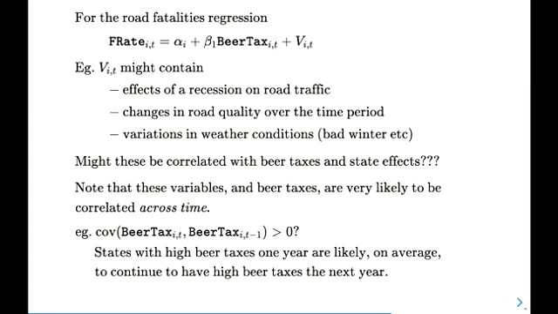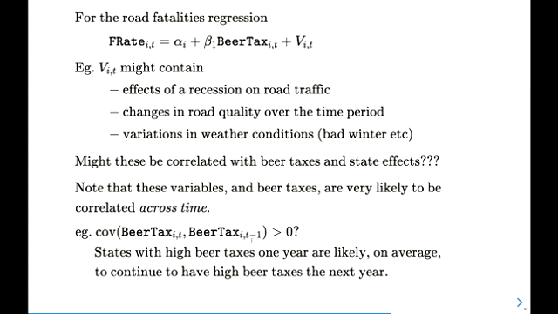So the beer tax variable itself is likely to have correlation. For example, a positive relationship between the beer tax in state i at time t and the beer tax in state i at time t minus 1. So it's in the same state, and we're just looking at the beer tax this year and next year.